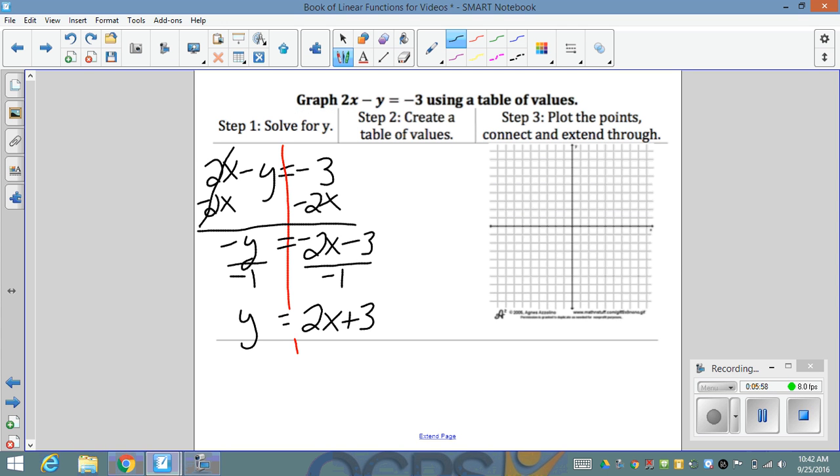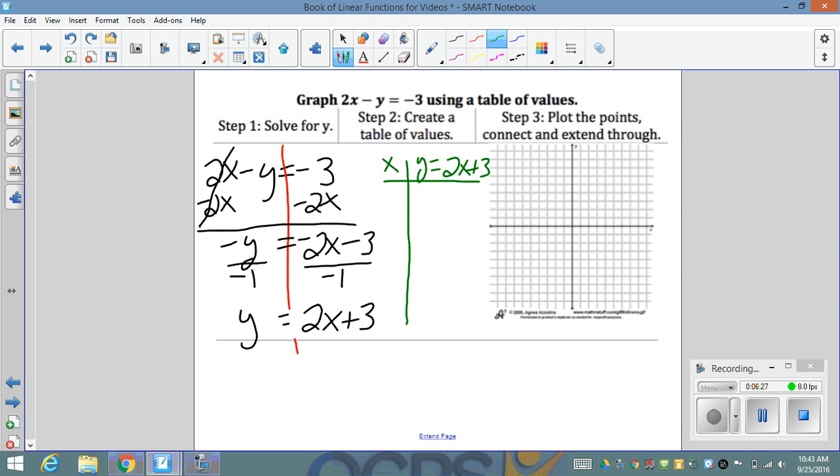My next step is to create my table of values. This is going to require a little bit of work that I'm going to do down at the bottom. You can do it wherever it works for you. I'm going to randomly choose values for x. I say random, but really they're not random. I'm going to choose values that are easy to plug in, and that will give me my graph.